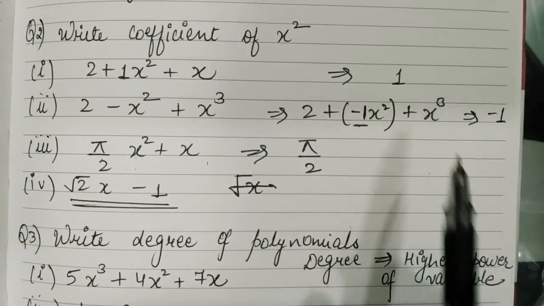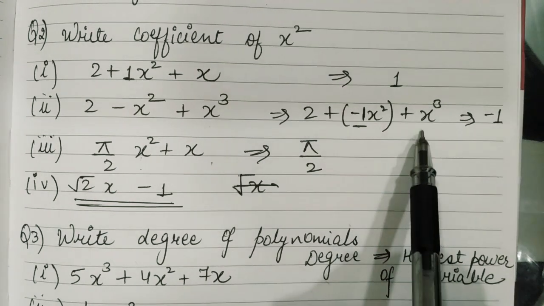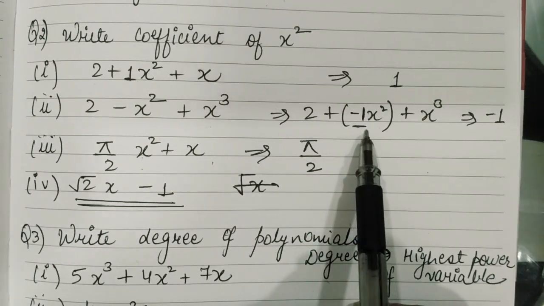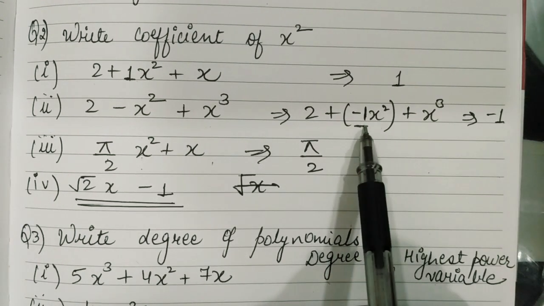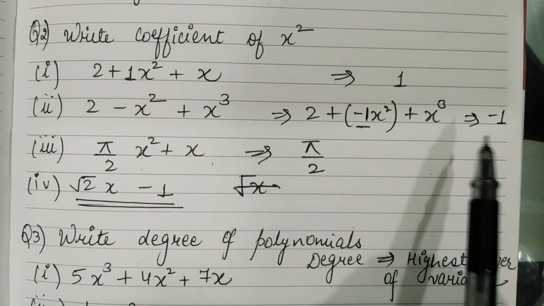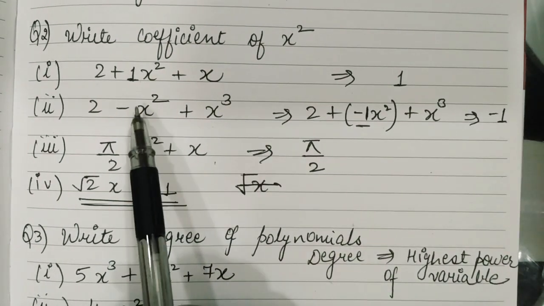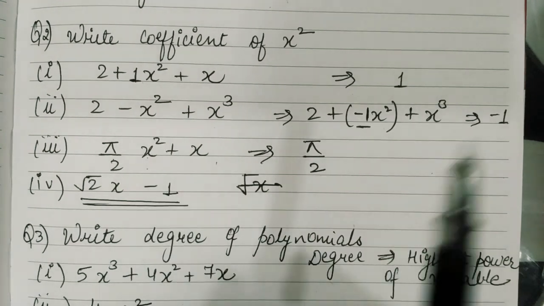I can write it as 2 plus minus 1 into x squared plus x cube. So the number written along with x squared is minus 1. So the coefficient of x squared will be minus 1. Basically, the coefficient is the number written along with the variable that is asked in the question.